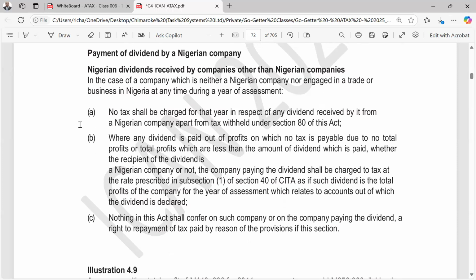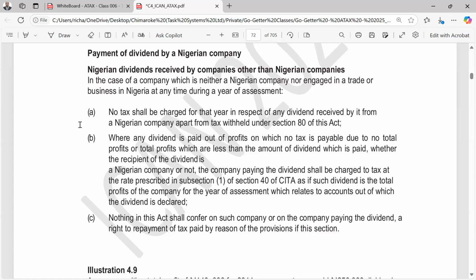Where any dividend is paid out of profit on which no tax is payable, or no total profit is due, or total profit which is less than the amount of dividend paid, whether the recipient of the dividend is a Nigerian company or not, according to subsection 1 of section 40 of CITA, such dividend is treated as the total profit for the year.